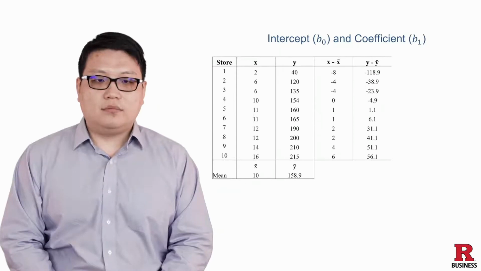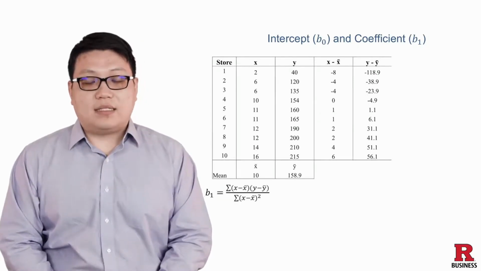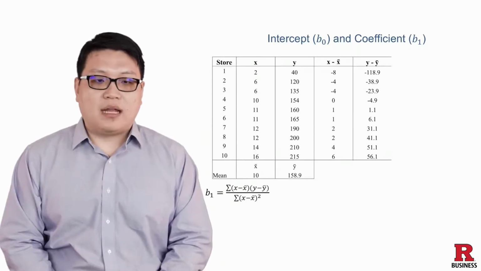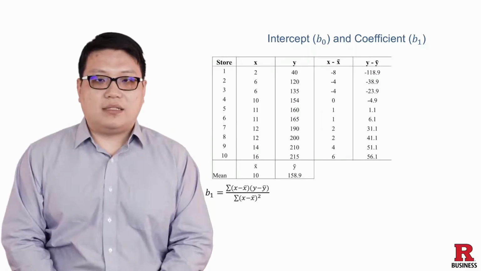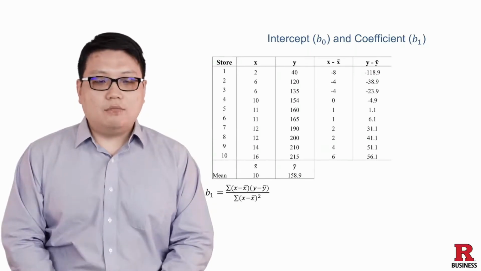So to get our coefficient b1, we can easily use this formula that's proved by the statisticians. If we calculate numbers in this way, we can minimize the distance from the points to the line.